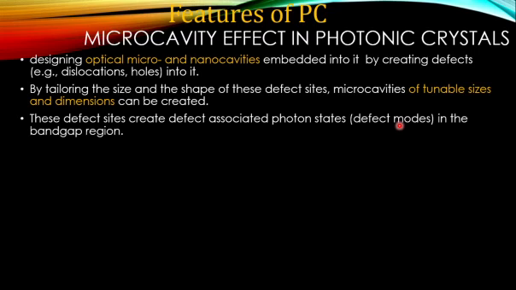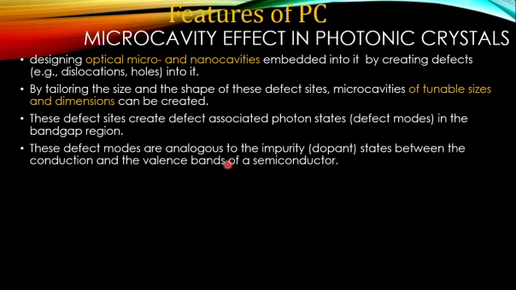So defect modes are those energy modes which are possible for a photon due to the presence of defect sites in the crystal. These modes are generated in the band gap region. They are actually analogous to the impurity states between the conduction and valence band of a semiconductor.